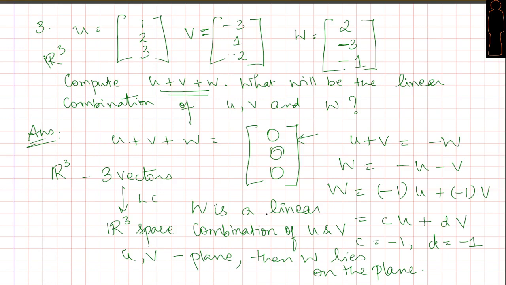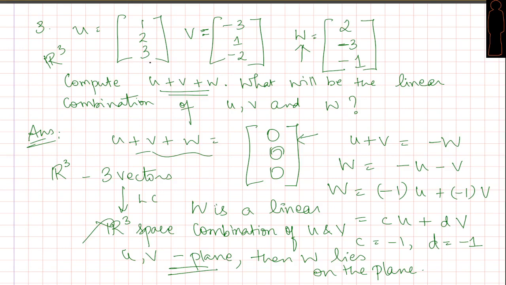And therefore, picking up u, v and w and trying to take their linear combination, we cannot apply this logic, because it will continue to describe a plane and it will not lead to the R3 space, because one of the vectors out of the three happens to be a linear combination of the other two.